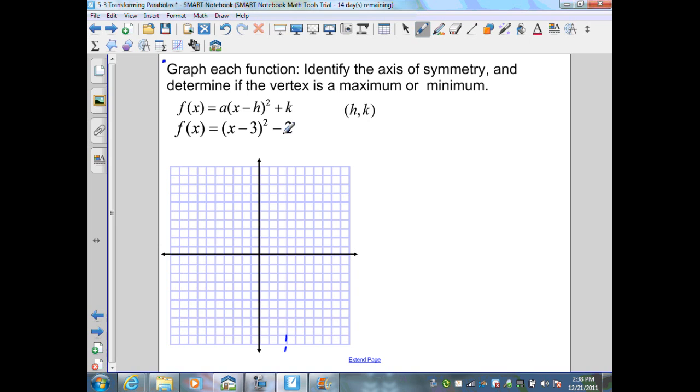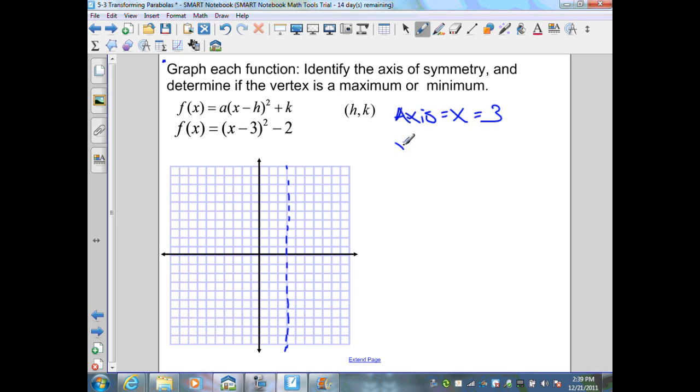If we follow the procedure from the previous page, we can state that my axis of symmetry is equal to x = h. Here, my value is x = 3. So I can graph my axis of symmetry at the vertical line 3.